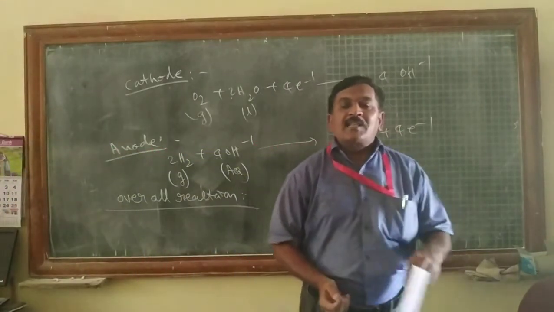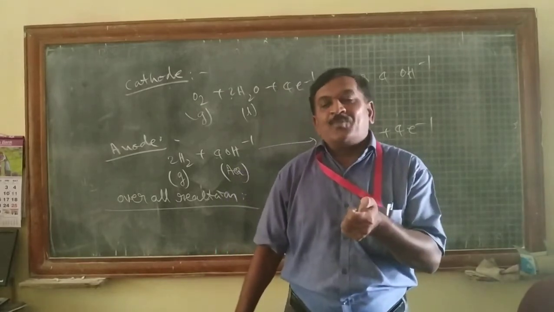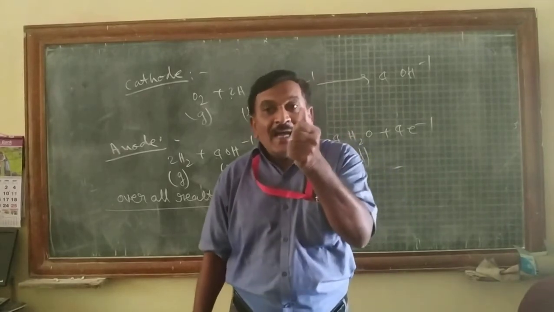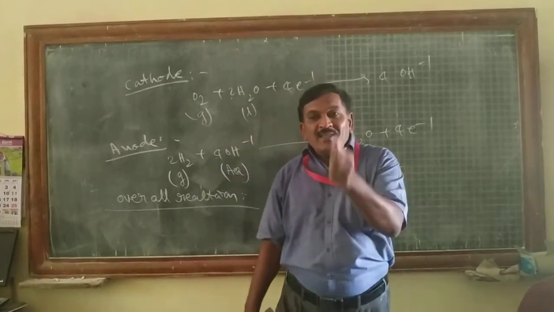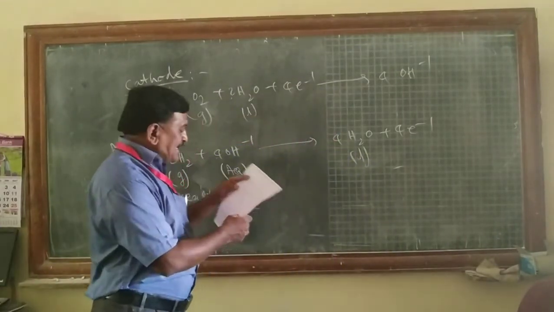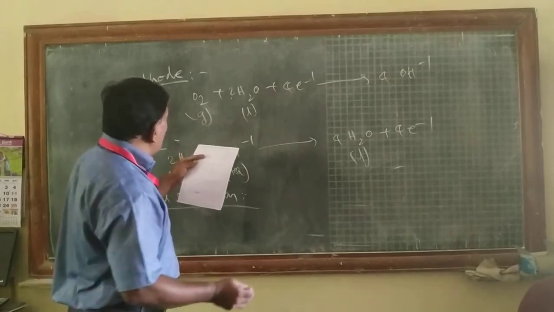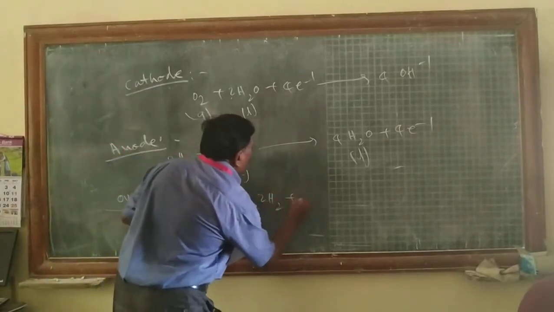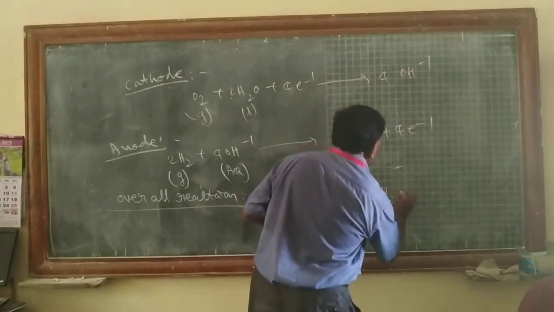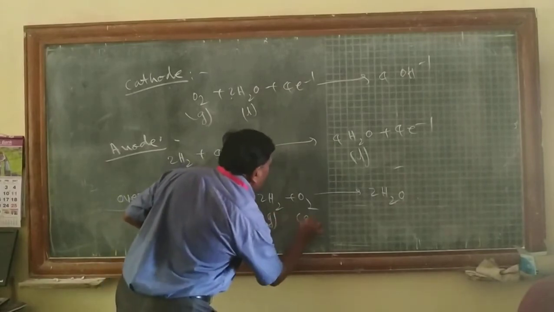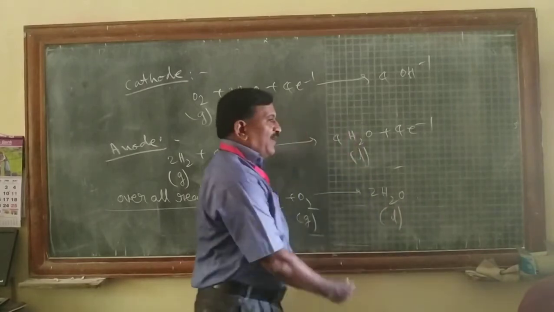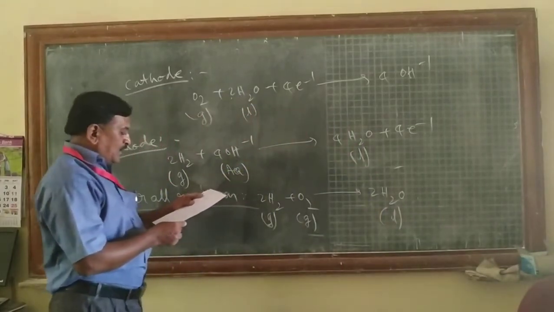Like the lighter used to light cigars, which is filled with methane gas, or methyl alcohol, or hydrogen, the overall reaction is 2H2 plus O2 gives rise to 2H2O. Hydrogen is a gas, oxygen is also a gas, and this is converted into a liquid.